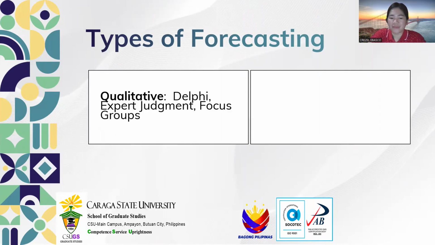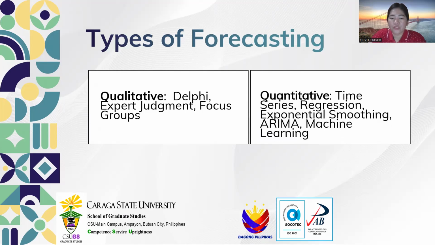Forecasting can be classified into qualitative and quantitative methods. Qualitative forecasting relies on expert opinions, interviews, focus groups, and the Delphi technique. These methods are useful when historical data are unavailable or when predicting emerging issues.